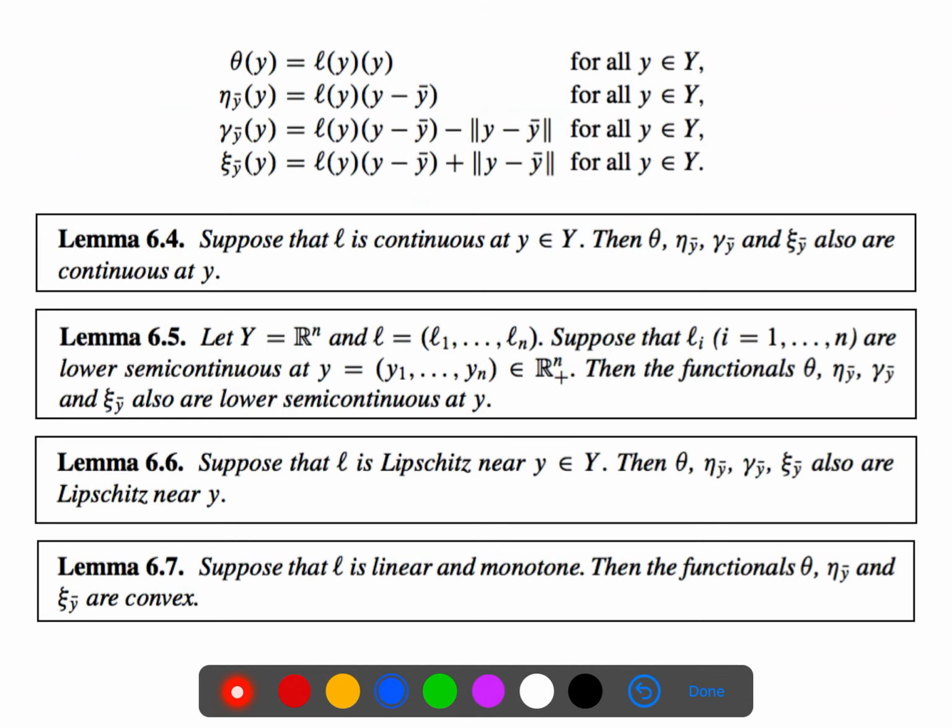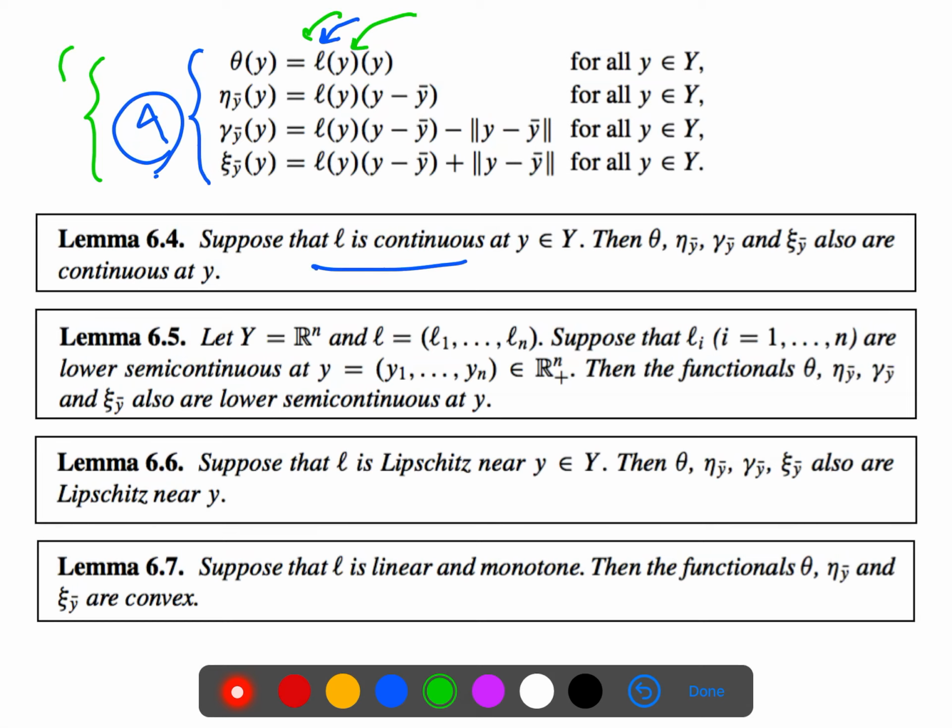The interesting thing is that we have four functionals, and everything about them is related to properties of L. If L is continuous, then all four functionals are continuous. If L is lower semicontinuous, then all four are lower semicontinuous.